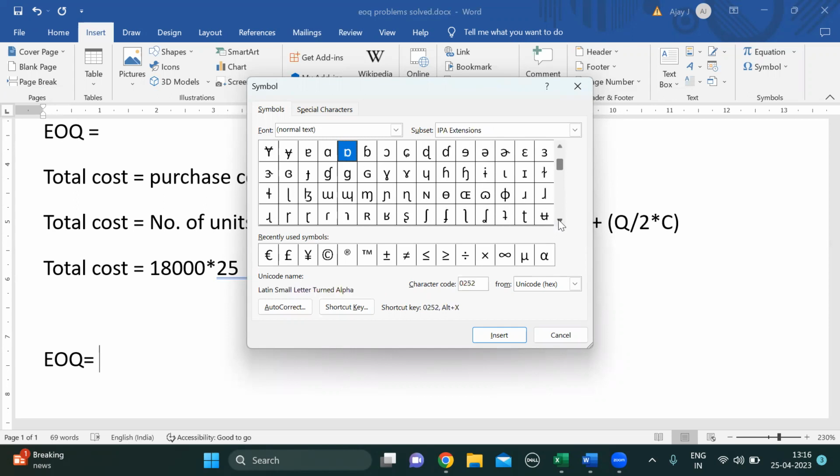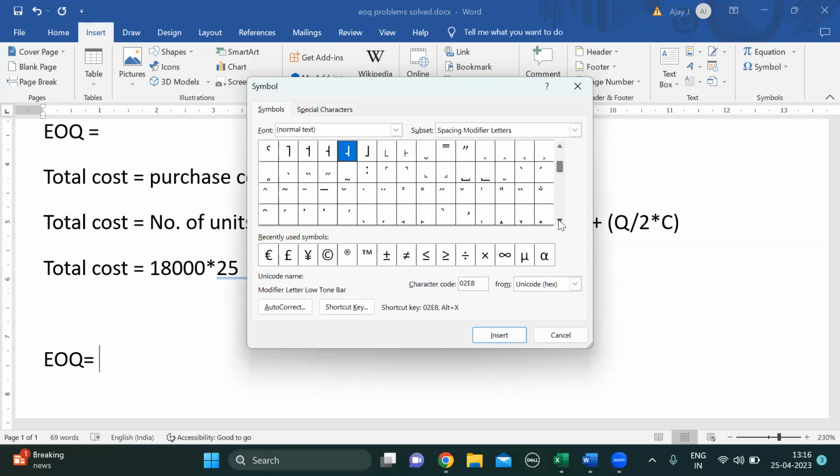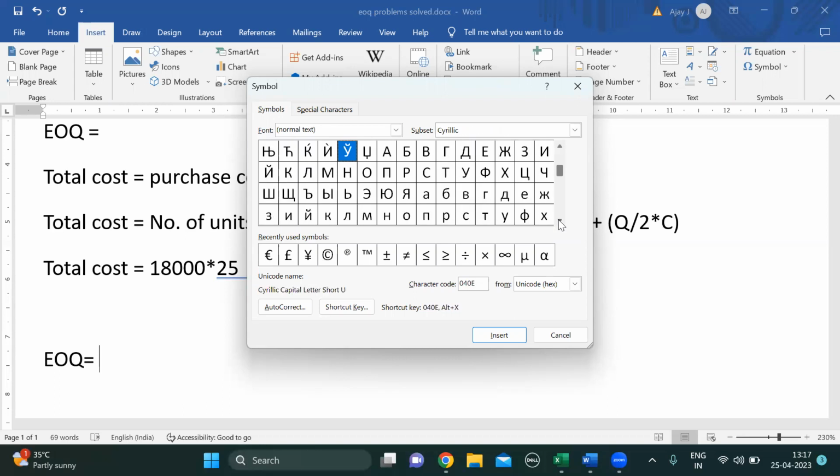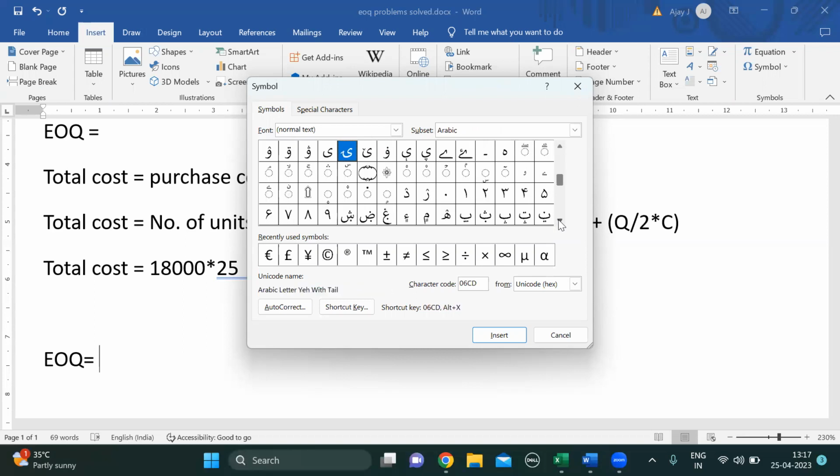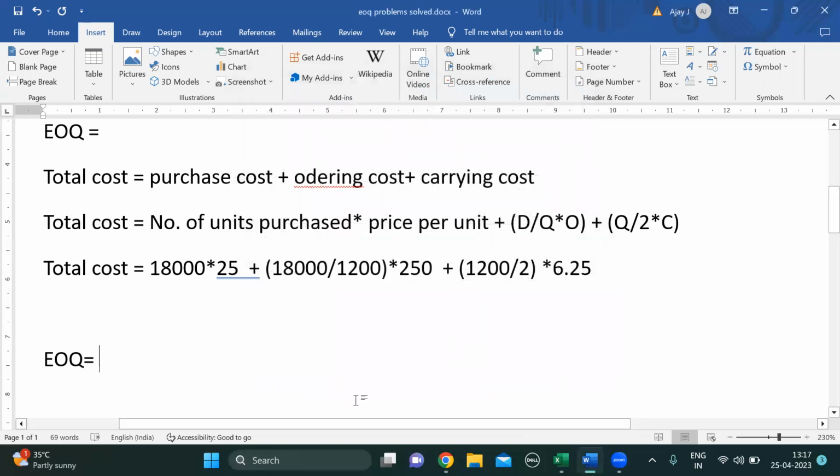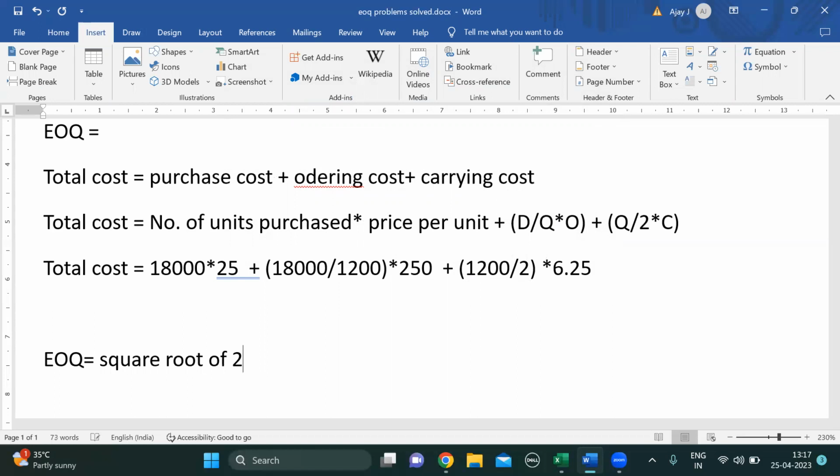Okay, let's just write it as square root of 2AO upon C. Fine, let's not waste time. Square root of 2AO divided by C.